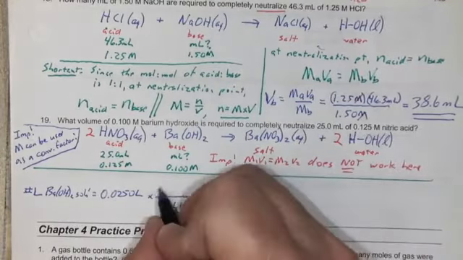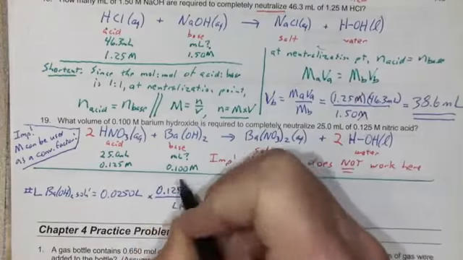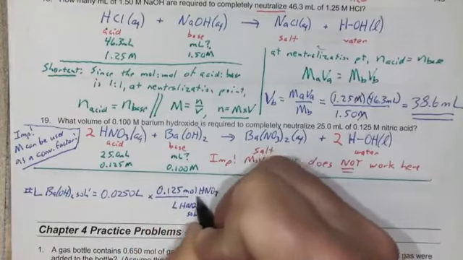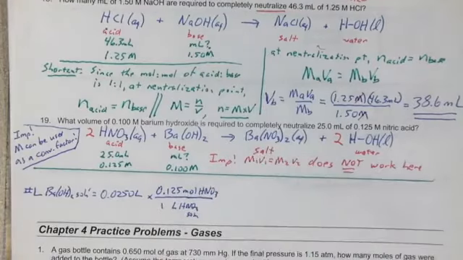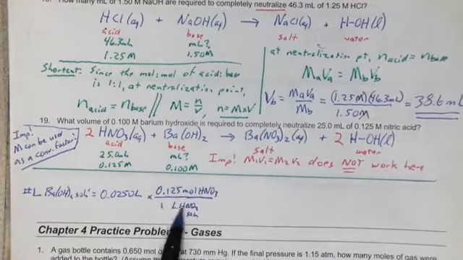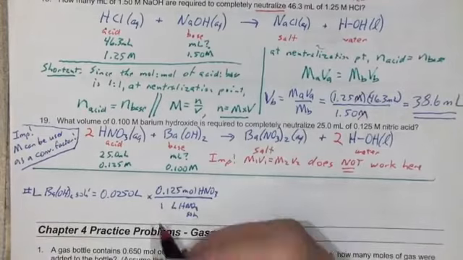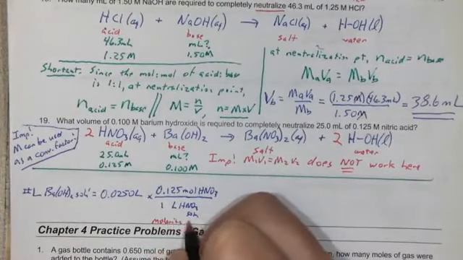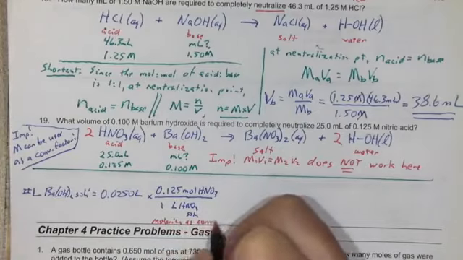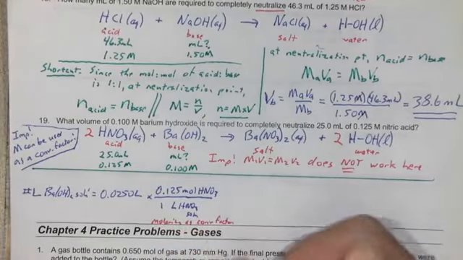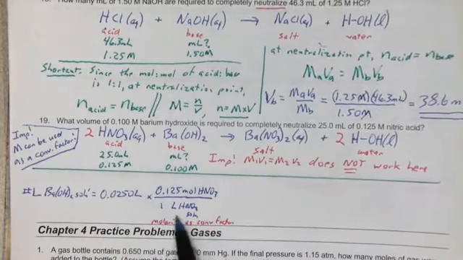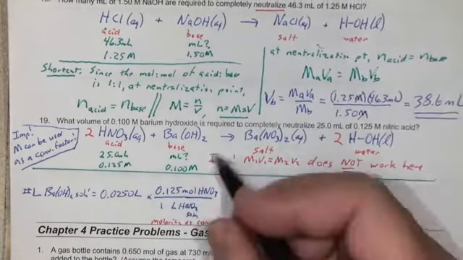This is saying there's 0.125 moles of HNO3 per every liter of solution. That's what molarity is. It's at this stage that I'm using molarity as a conversion factor. Okay, so the liters of nitric acid solution cancel, and I have it in moles of nitric acid.